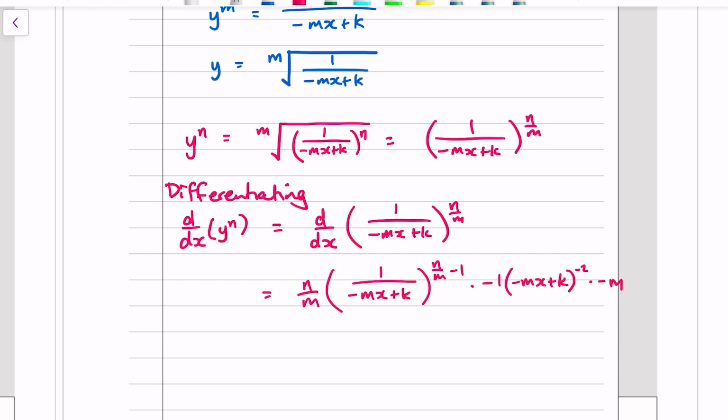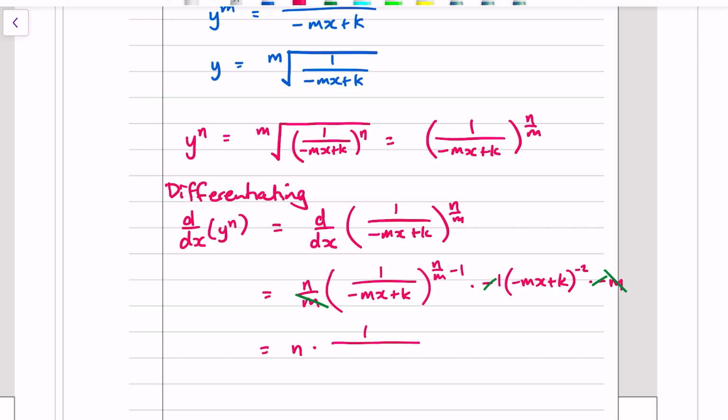Now the minus m there, running out of colours, the minus cancels with that minus, the m cancels with that m.